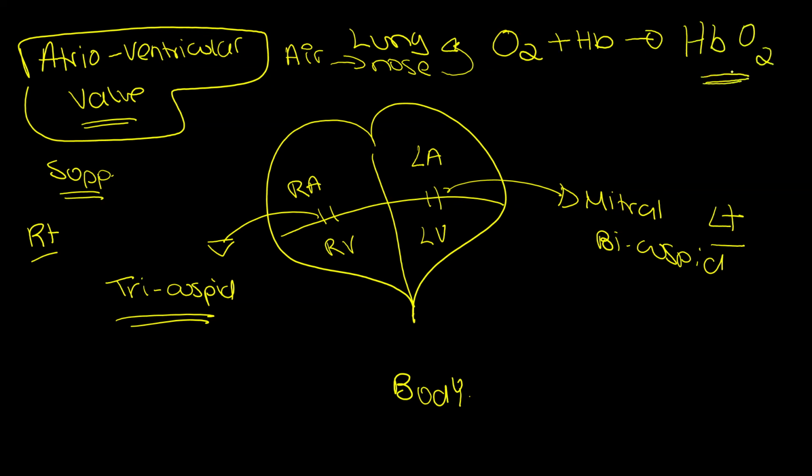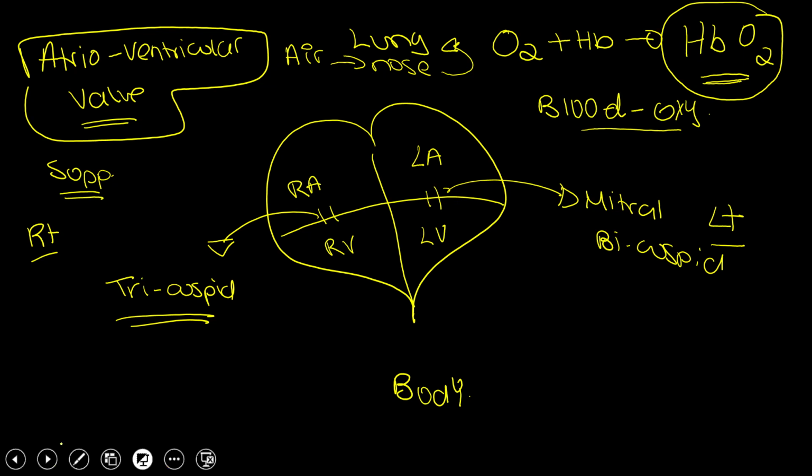Again, this is supplement. Oxyhemoglobin means the blood is oxygenated or deoxygenated? Oxygenated. Very good, oxygenated blood. This oxygenated blood needs to be pumped to the whole body. Who will pump it? The heart.